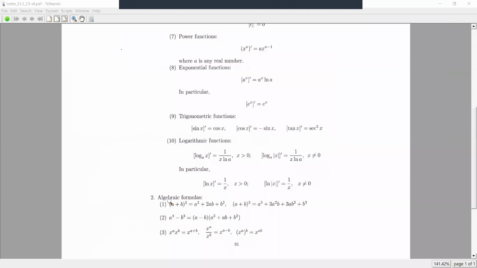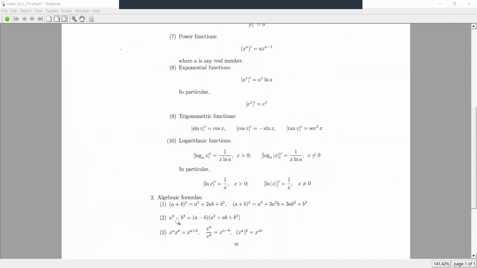Here are some basic algebraic formulas that we often use. For example, (a plus b) squared is a squared plus 2ab plus b squared.